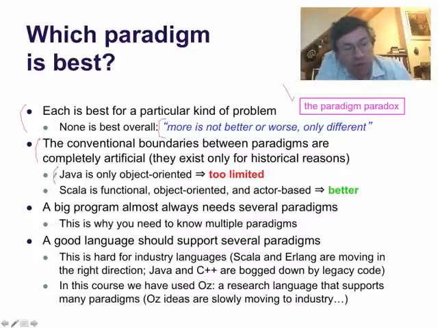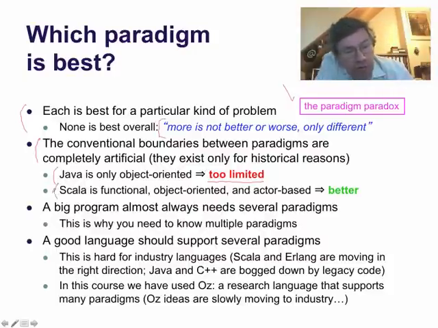So a language like Java, which is almost completely just object-oriented, is in fact too limited in practice. And in many cases, Java people spend their time inventing other concepts and putting them in libraries and encoding them and so on. Lots of new things built on top. And so Java programs are unnecessarily complex.